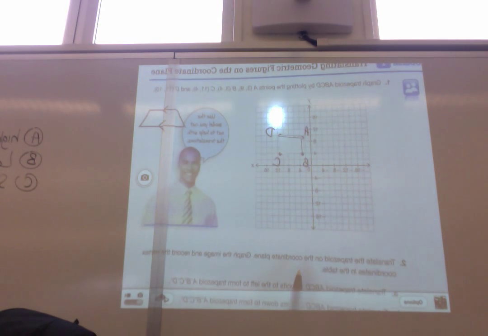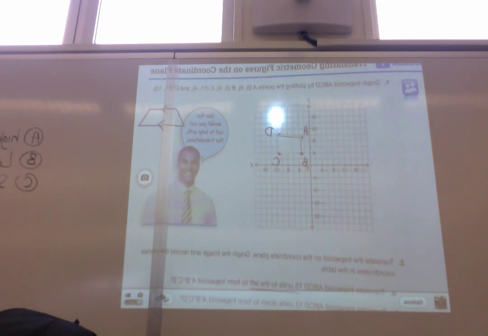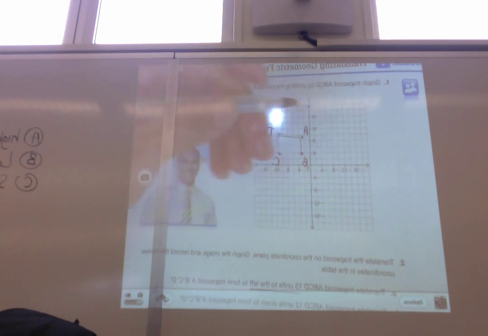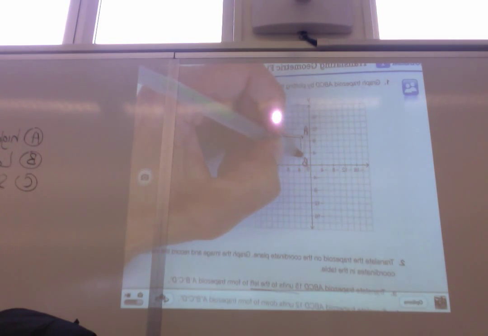Translate the trapezoid on the coordinate plane, graph the image, and record the vertex in the table. Translate trapezoid 15 units to the left for trapezoid A, B, C, and D. You can do that by translating 1 point 15 units.